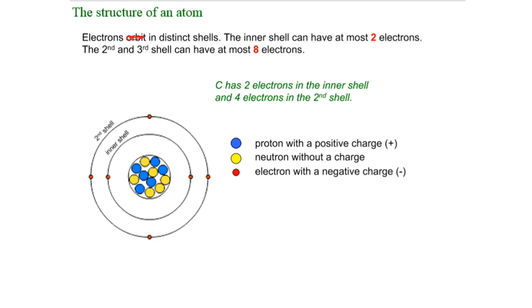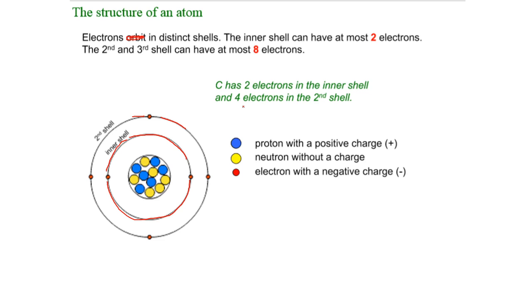In the first shell, you have 2 electrons. There can only be 2 electrons in that first shell, that first energy level. In the second shell, you can have up to 8. Atoms always want to have their outermost shell full.